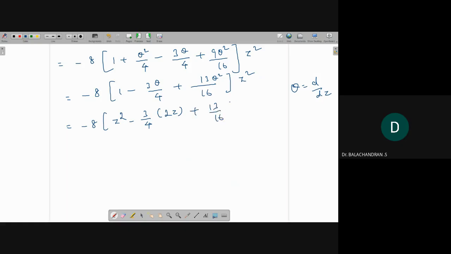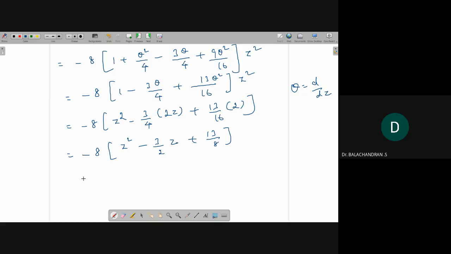If you differentiate twice, you'll get 2. So we'll get minus 8 into z square minus 3 by 2 z plus 13 by 8.